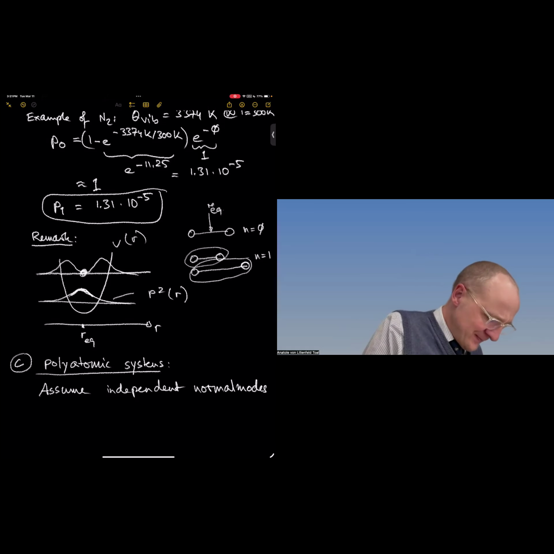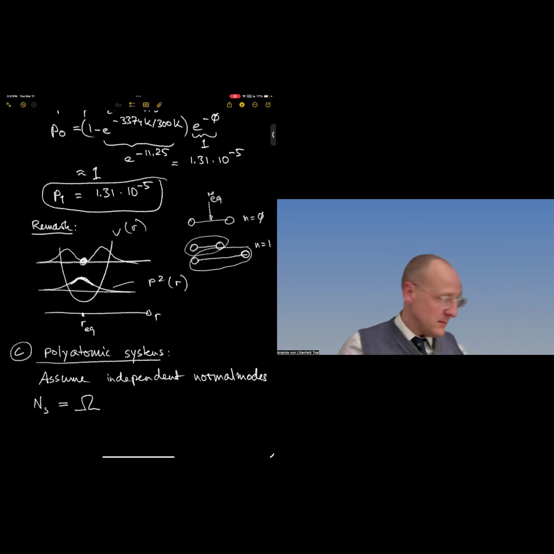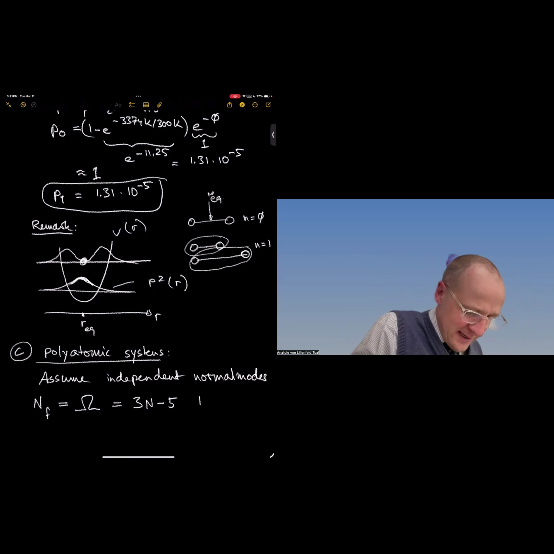Just as a refresher, your number of states, which is also sometimes called capital omega, corresponds, number of degrees of freedom, not number of states, I'm sorry. Number of degrees of freedom is 3n minus 5 for linear systems and 3n minus 6 for nonlinear.